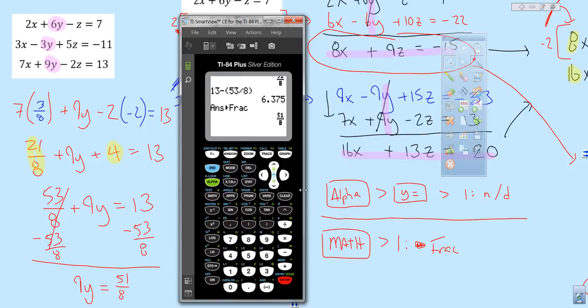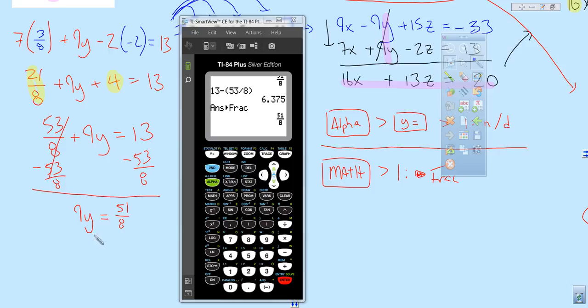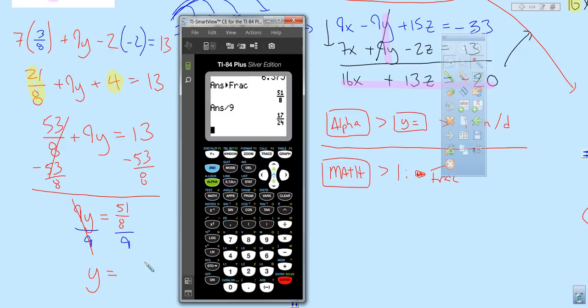Okay? Last thing, we've got that number. We need to solve this by dividing by 9, because the inverse of multiplying by 9 is to divide by 9. And so we find out that y is equal to, we can just say divided by 9, go, and we get 17 over 24.